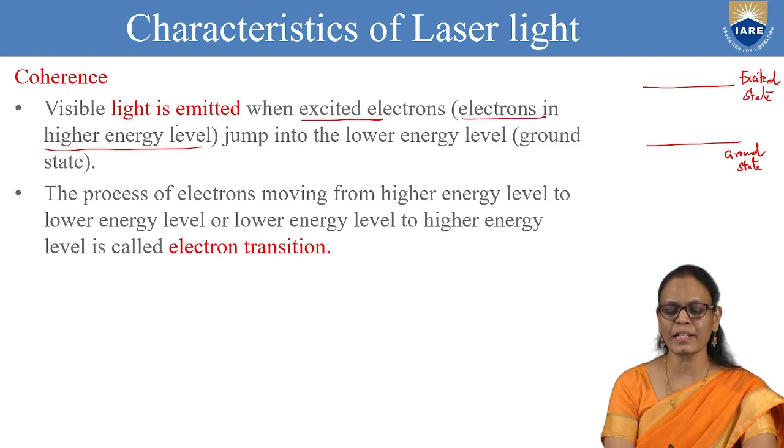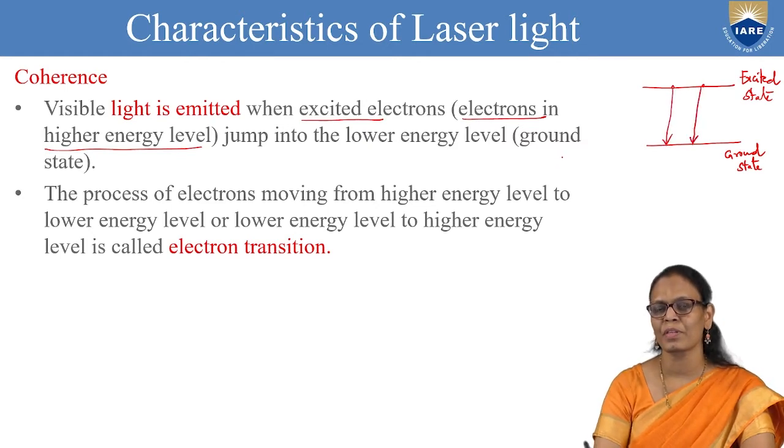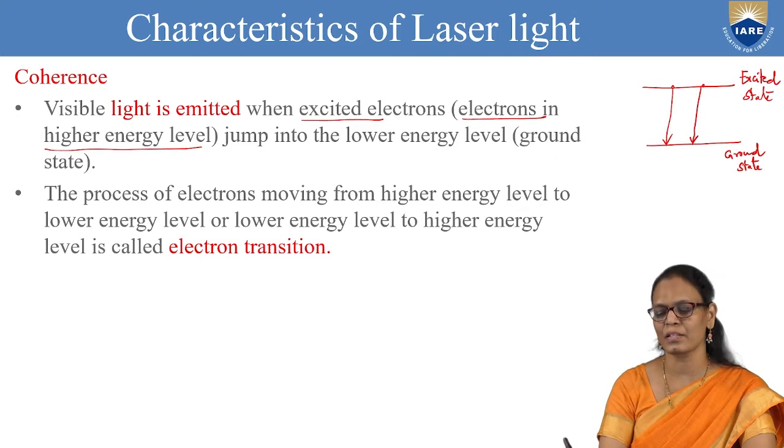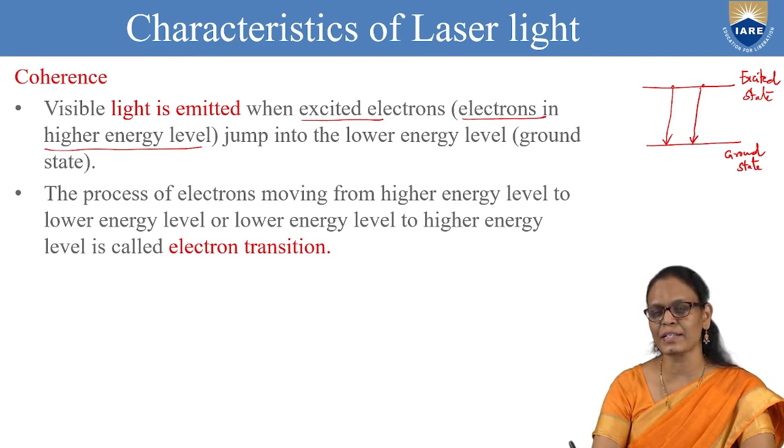So visible light is emitted when the electrons in the excited state come to the lower energy level, that is the ground state. Ground state is the lower energy level. So when electrons from the excited state jump into the lower energy level, the light is emitted.